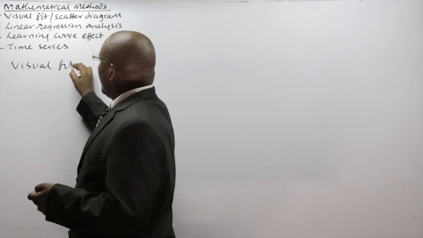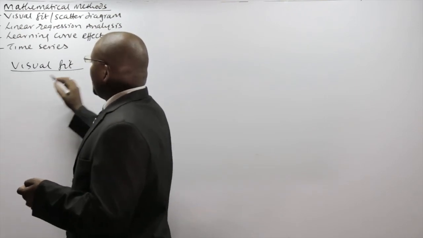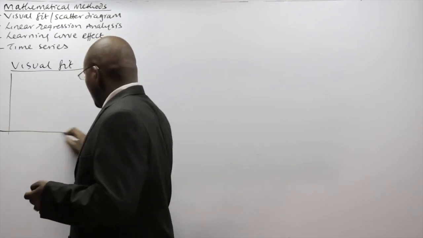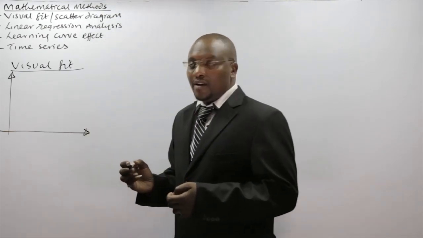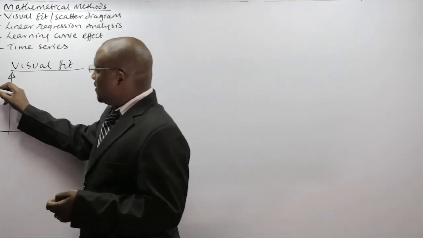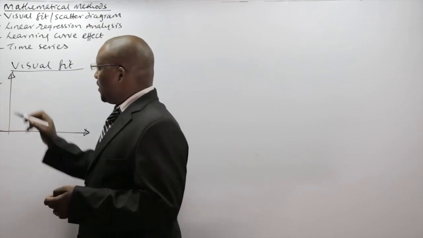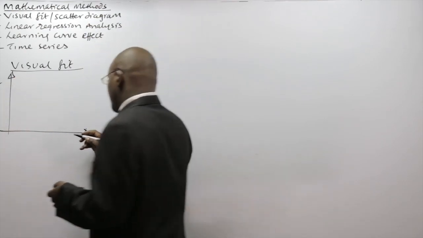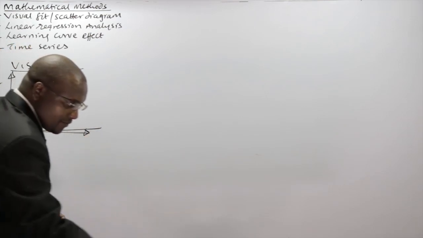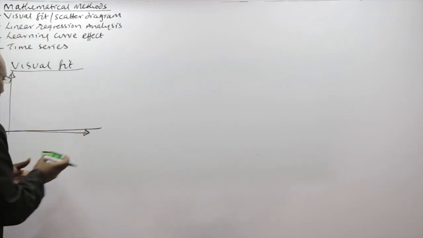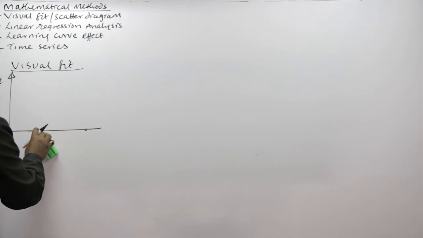this one is where you have a diagram or a graph with the variables. Let's say you have the cost on the y-axis and the output on the x-axis.